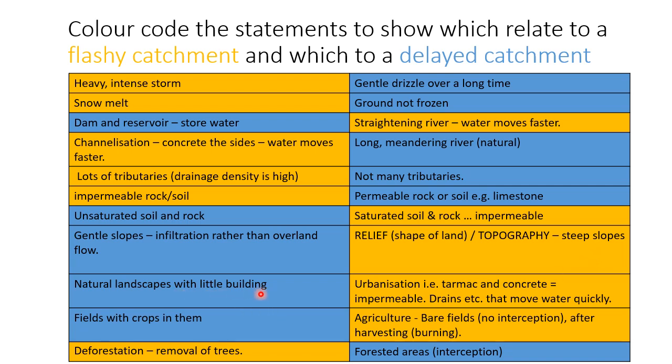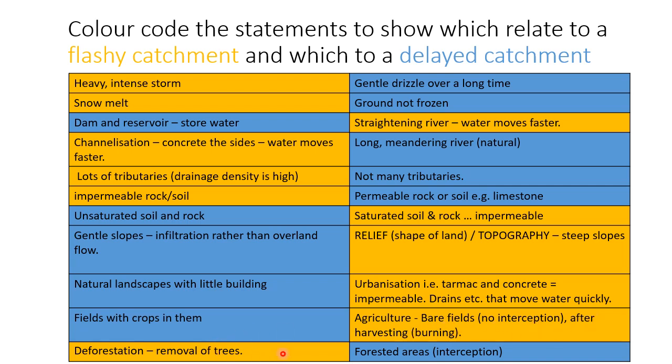Few buildings, again, more vegetation to intercept, less likely to be permeable surfaces. So again, it's going to reduce overland flow, whereas we know urbanization increases overland flow. Again, crops, more or less, will actually reduce the amount of overland flow, whereas bare fields, say for example after harvesting, when you've burnt the crops to let the nutrients back in, will increase it.